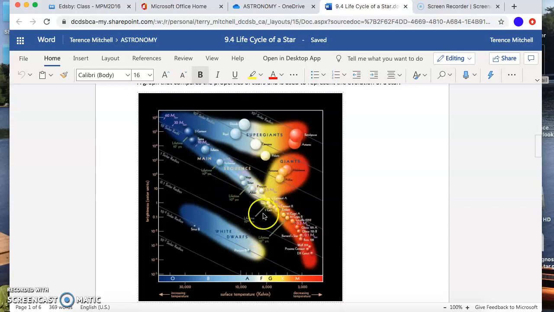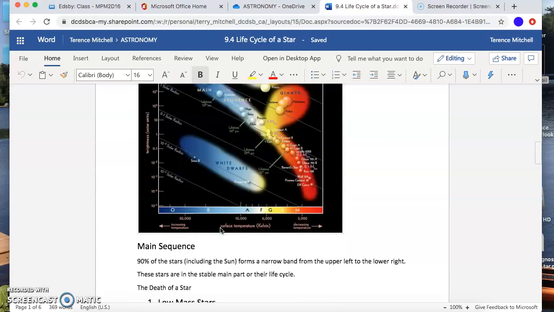In the middle here, we have these yellow stars, and I think right here is our sun. So as you can see, we are not small, not big, and we are yellow in color. We're in the middle. Off to the side here, these are stars that tend to be being born or on their way out of their lifespan.